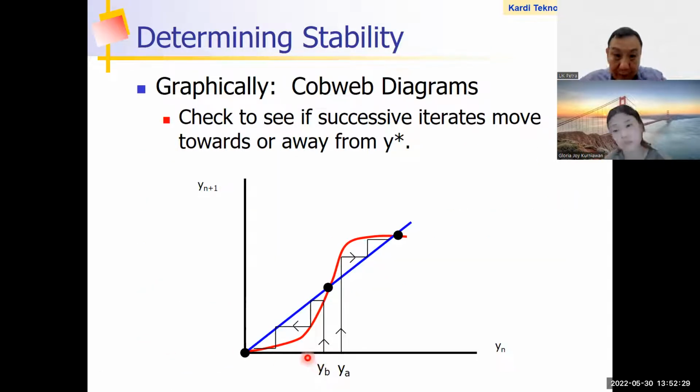So if you start from YB here, you draw a vertical line until the red curve, and then go to the diagonal, and then go down, and eventually it will reach this equilibrium. That means this equilibrium is attracting from YB. When you change Y0 into YA, it will go here, then go there, and so on.